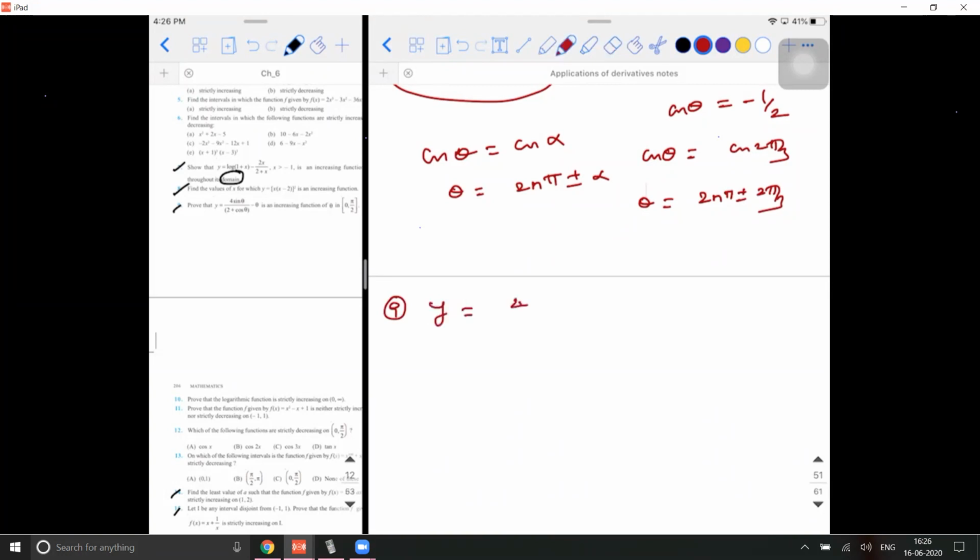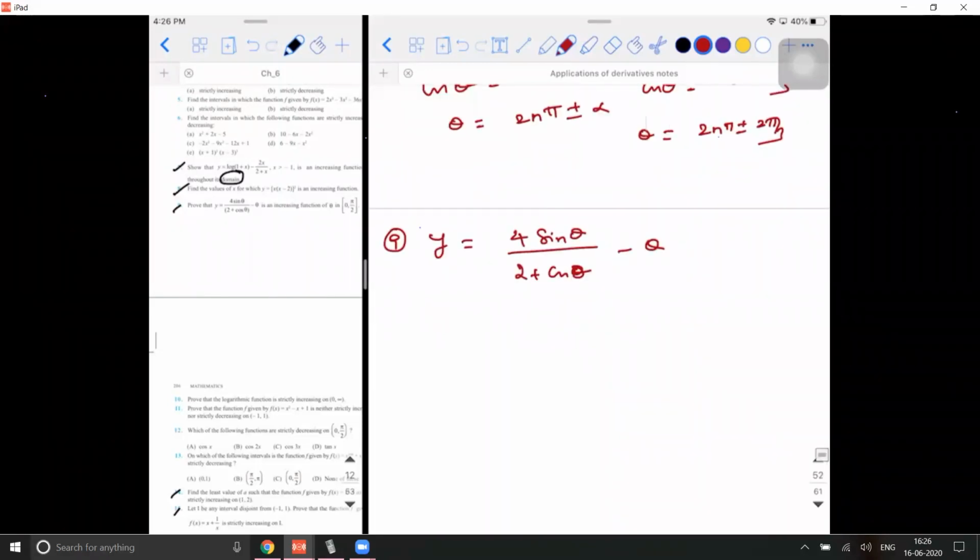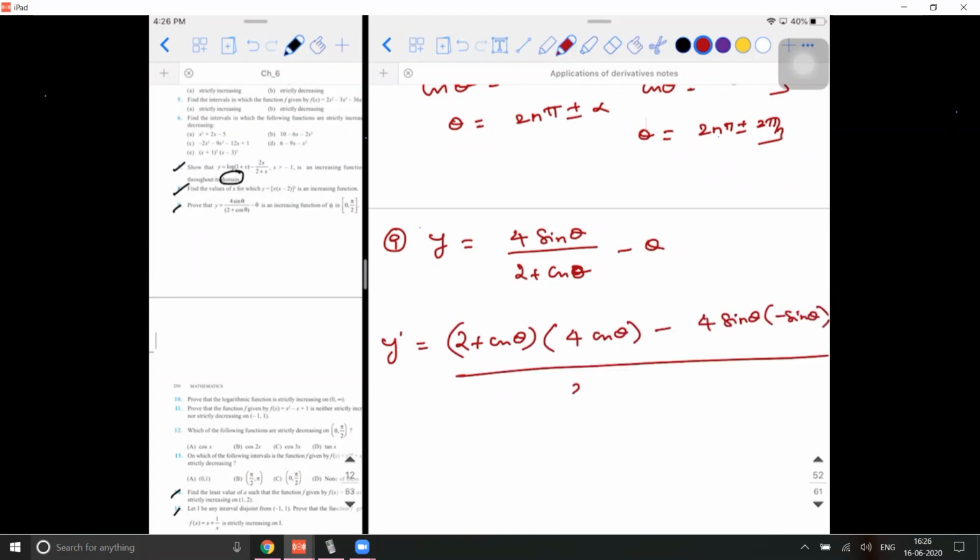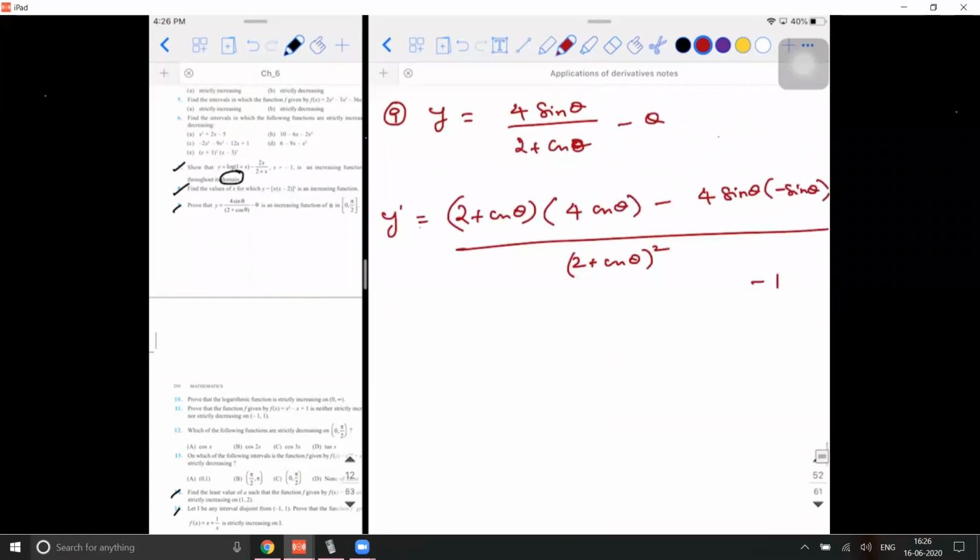So y is equal to 4 sin theta divided by 2 plus cos theta, minus theta. How to find y dash? So y dash is going to be equal to 2 plus cos theta into 4 cos theta, minus 4 sin theta into minus sin theta, the whole divided by 2 plus cos theta the whole square, minus 1 now, because derivative of theta is going to be minus 1.